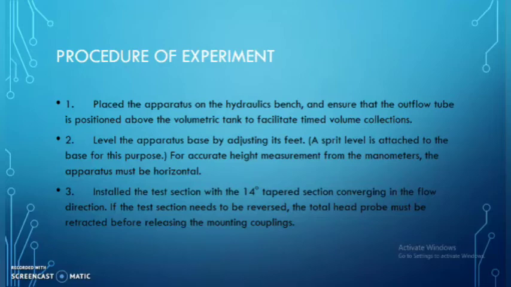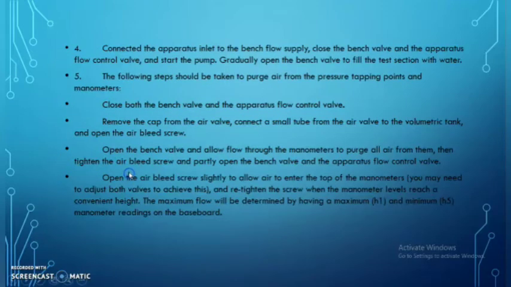Third, install the test section with the 40-degree tapered section converging in the flow direction. Fourth, connect the apparatus inlet to the bench flow supply. Close the bench valve and the apparatus flow control valve and start the pump.